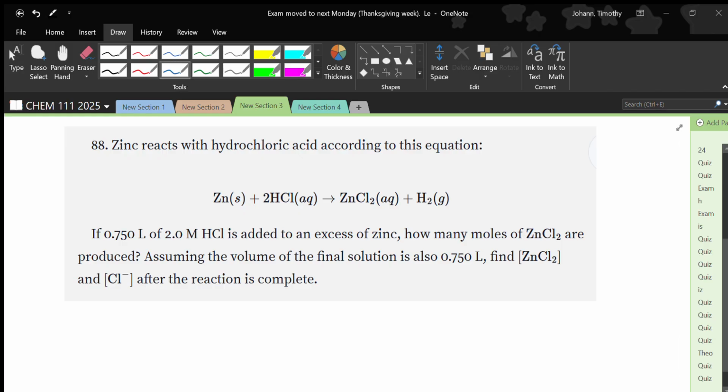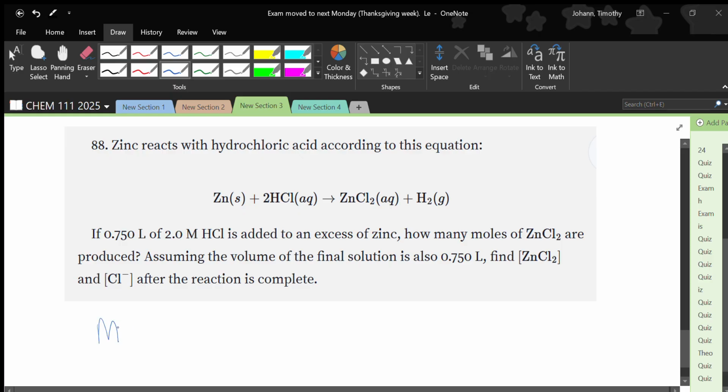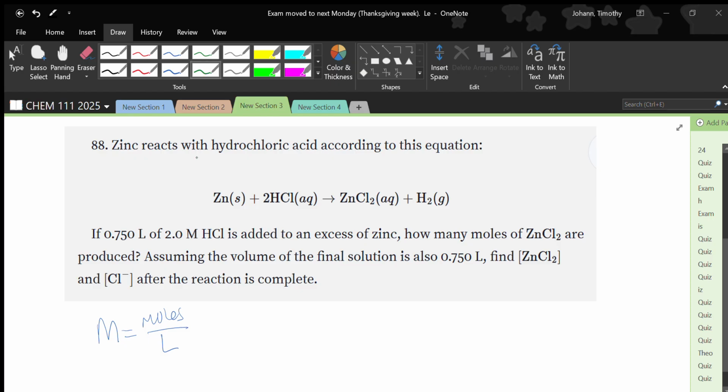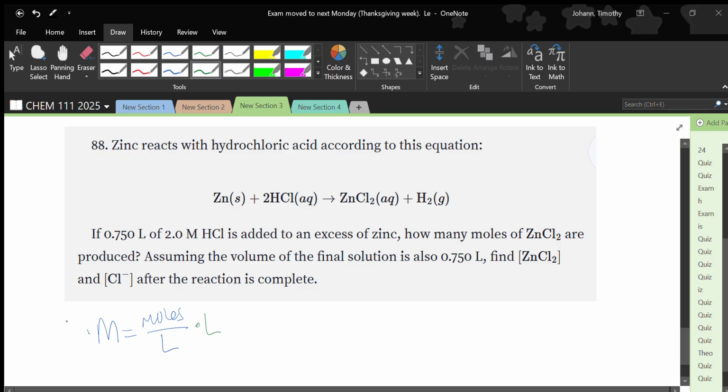So we've got molarity is equal to moles divided by liters. We can rearrange this equation. I can take times liters on both sides. Liters cancels with liters, and I can rewrite my equation as molarity times liters is equal to moles.